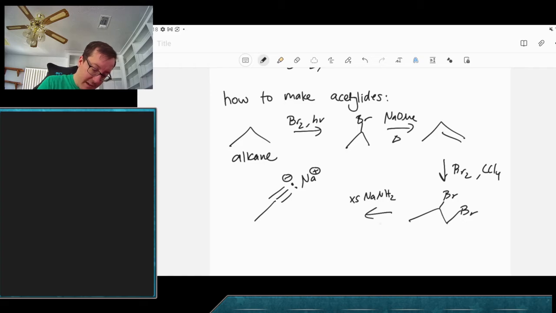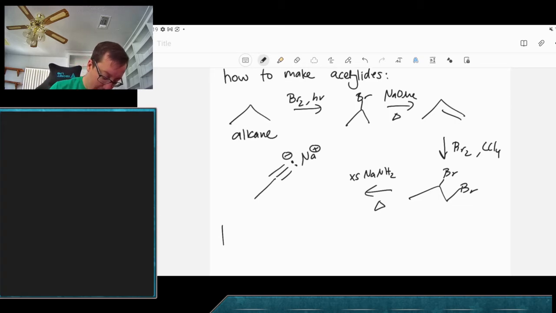Of course, you'd want heat with both of these, and then you'd end up with your acetylide ion. Through this, you'll make your acetylide, which you can then use as a nucleophile. It'll attack a leaving group, kick it out, and you'll end up with your new alkyne.